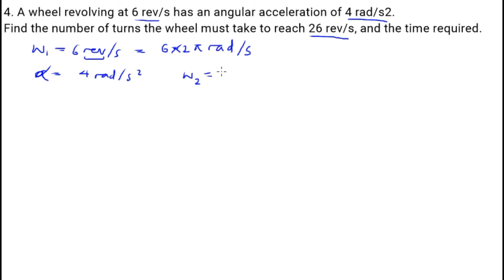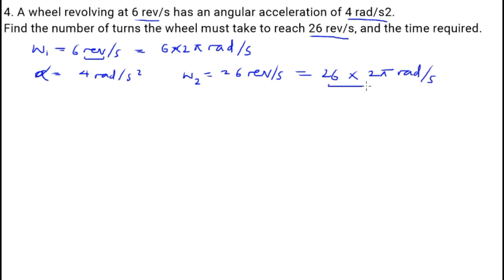Omega 2 is equal to 26 revolutions per second. Okay, the number of turns the wheel must take to reach 26 revolutions per second. So that's supposed to be 26. Revolution means 2 pi rad, then per second.